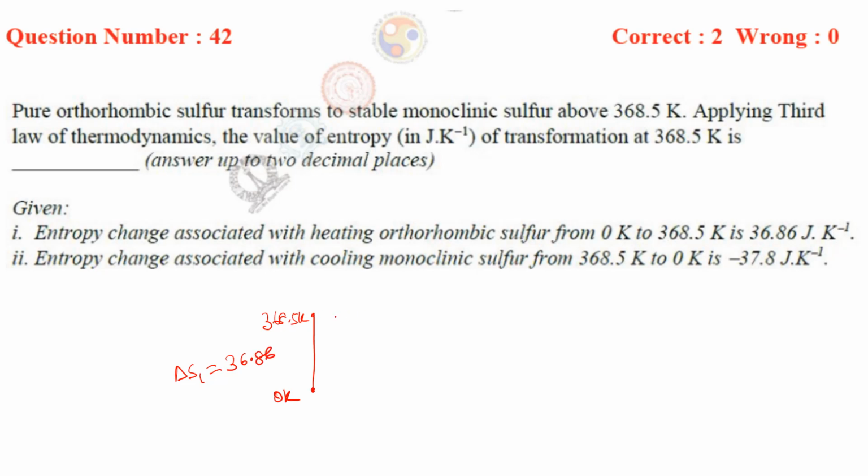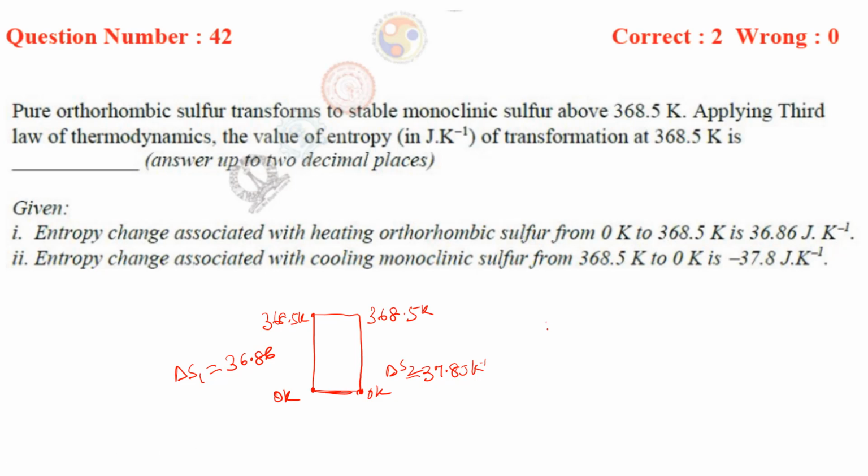The entropy change associated with cooling monoclinic sulfur from 368.5 Kelvin, we are cooling, again bringing it to 0 Kelvin, is minus 37.8 joule per Kelvin, delta S2. And we are returning back to 0 Kelvin.